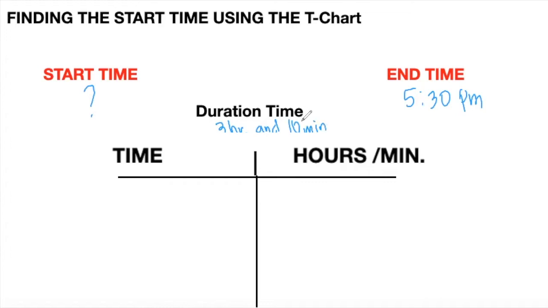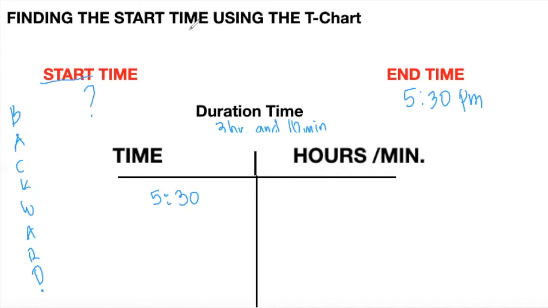So to find the start time using the T chart, we write here the end time first. And then we need to subtract 3 hours and 10 minutes. Take note that we are doing this backwards, because we want to find the start time.